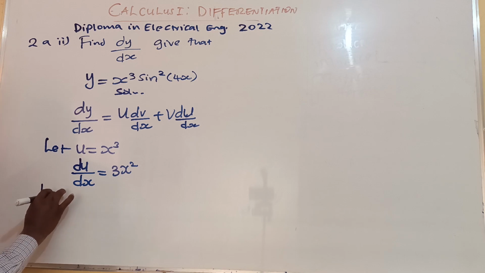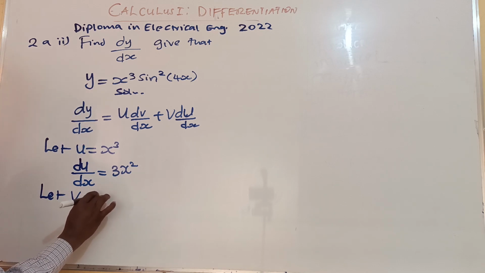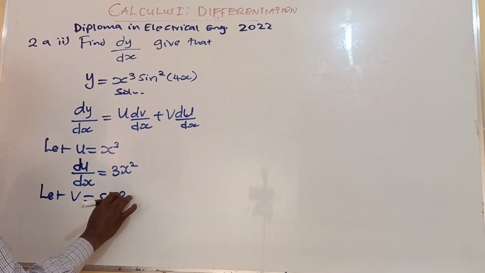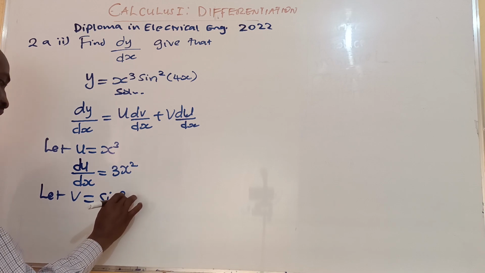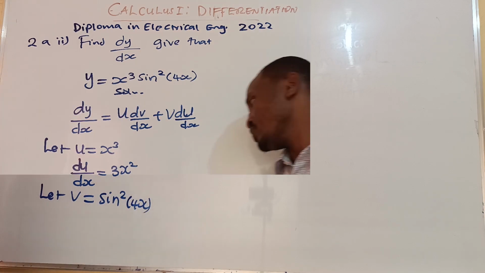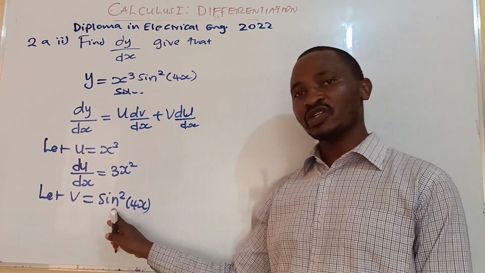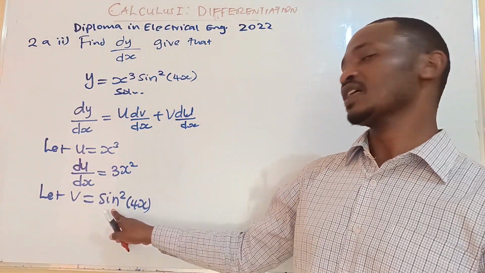We also let v be equal to sine squared 4x. You should also note this is a function of a function of a function.